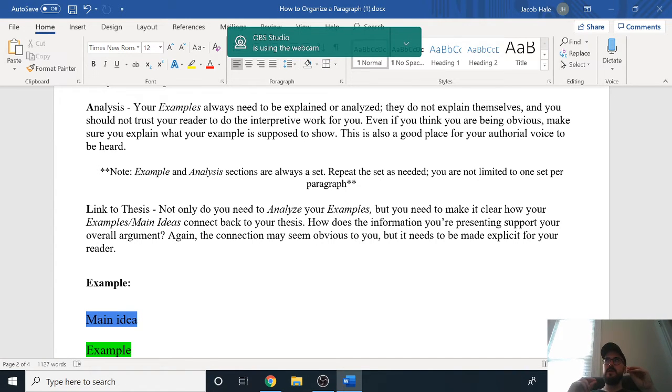Oftentimes, if you don't pretty directly or pretty explicitly tell your reader how the point that you were making connects back to your overall idea, they may miss that. They may not really see how this one smaller point that you were making fits into the overall picture. So it's a very good idea to end your paragraphs with a sentence or two that helps connect those ideas back to your thesis.